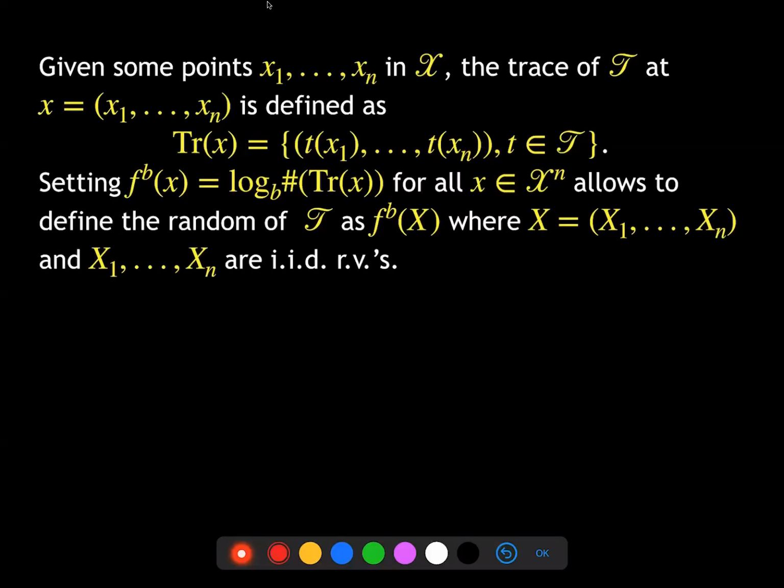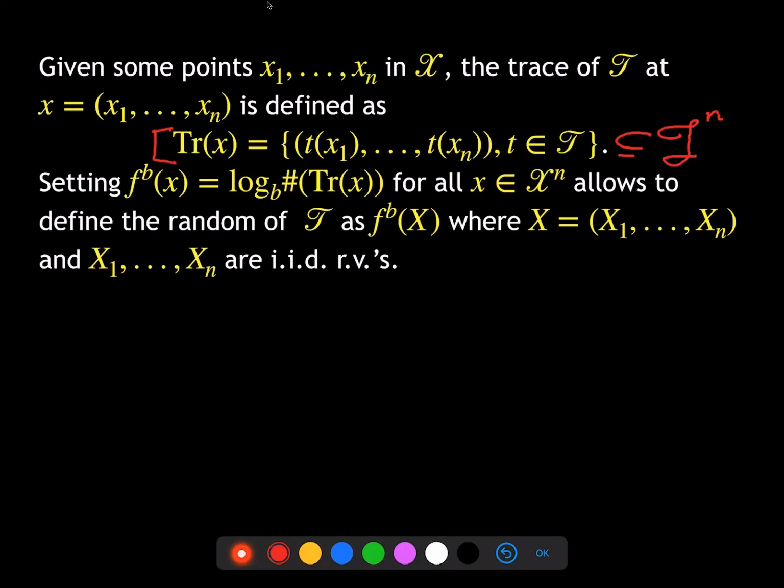So this set here, this set that I'm calling trace of x, is merely the set of all possible vectors that you can produce starting from these points x1, ..., xn and making the class of functions T act on these points. So this set here is included in the finite set where the set of capital T takes its values, to the power n, okay?